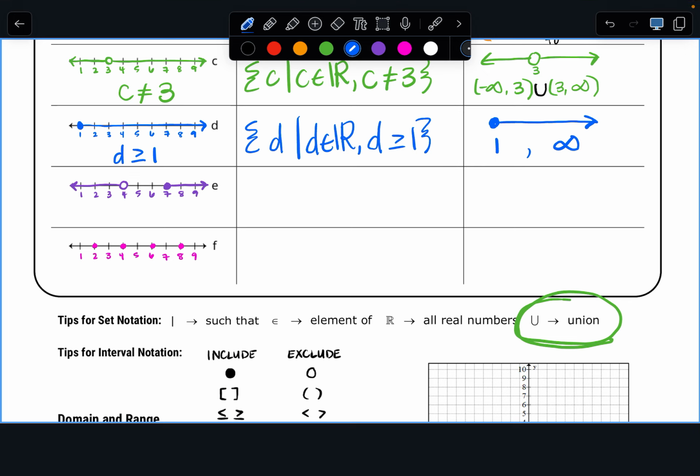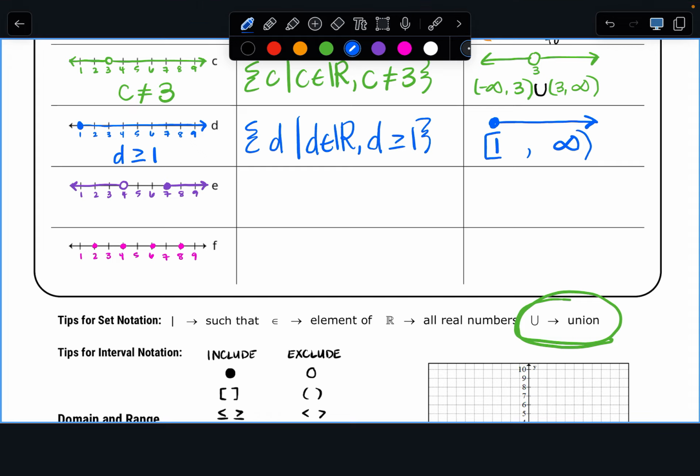Whenever you have a filled in circle, you're always going to have a bracket. Whenever you have an infinity symbol, you're always going to have a parenthesis. So open circles, parentheses; infinities, parentheses; closed circles, brackets. You will only ever use brackets for closed circles.